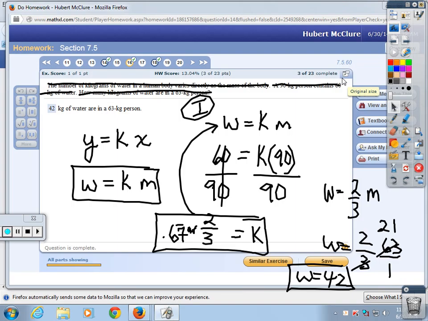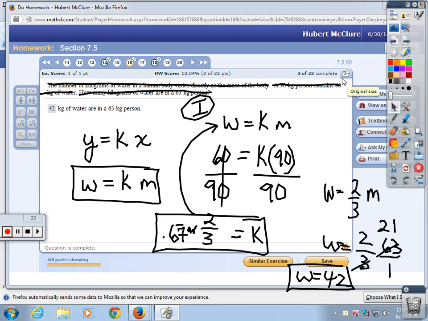y is equal to k times x, just like that. And then you change the variables. W is equal to k times m. And then W, it says up here, a 90 kilogram person. Well, what is kilogram person? Is that mass or is that water? It's not water. 90 kilogram person, that's mass. That's what you weigh.